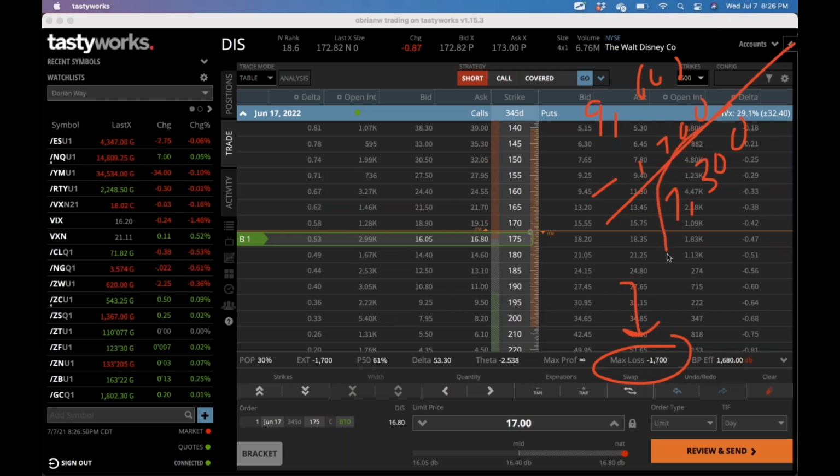You already made $9,000. You took $1,700 of it to play some more. But even if you lose all this $1,700, you still get to keep this $7,300. There's no way you can lose this $7,300 you made on Disney. You've locked in that gain.